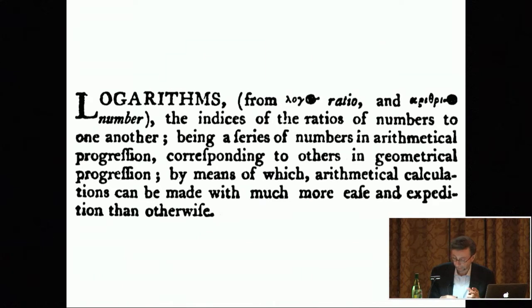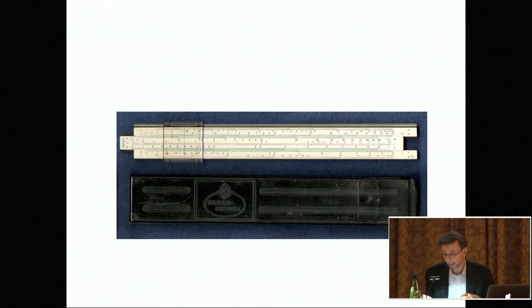Laplace, Napoleon I's favorite mathematician, famously said that logarithms, by reducing to a few days calculations that would have taken many months, doubled the life of the astronomer. And we could add today of many 20th century engineers who, using a logarithmic slide rule, like this one, could calculate almost everything in a matter of seconds.